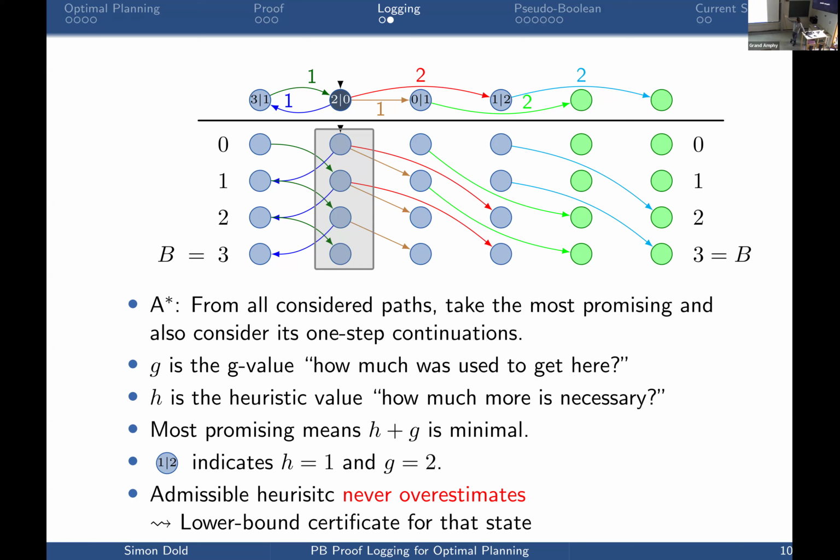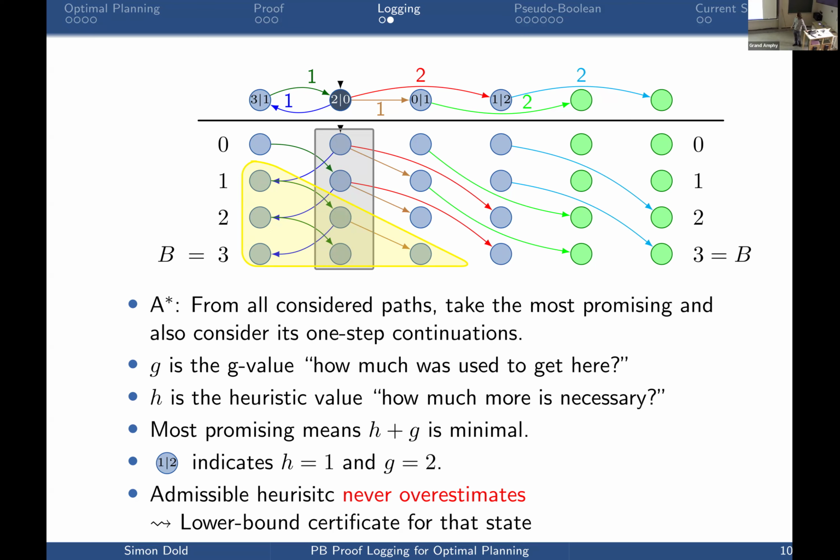Okay, and now I have 3 new paths that I consider. For each of them, I have this G value, which is instantly computed, and I have these H values. And for each of them, I require proof again. Here again, we have this lower bound certificate, but this time it starts at a lower level because we have a different G value.